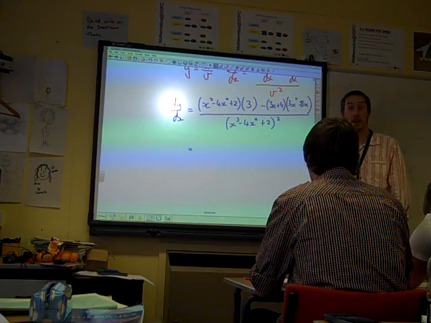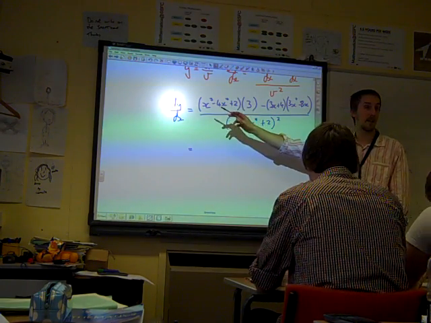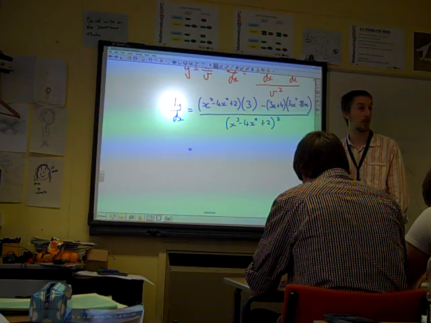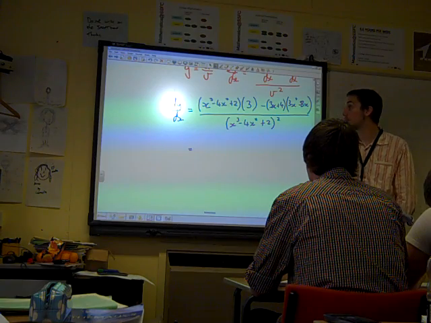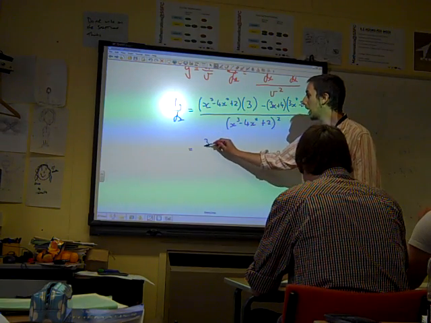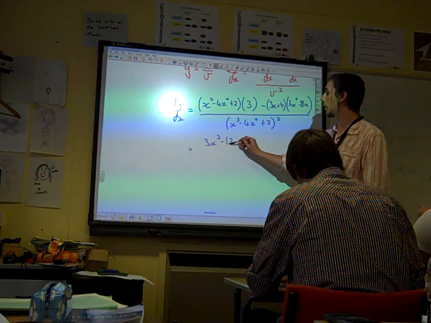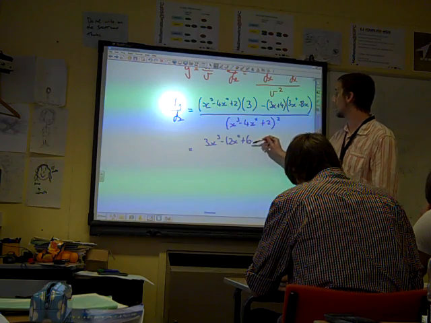Because we're going to need to work with dy by dx being 0 and rearrange it to get something more sensible. But you're right, we took the first bit. What have we got? We've got 3x cubed minus 12x squared plus 6.